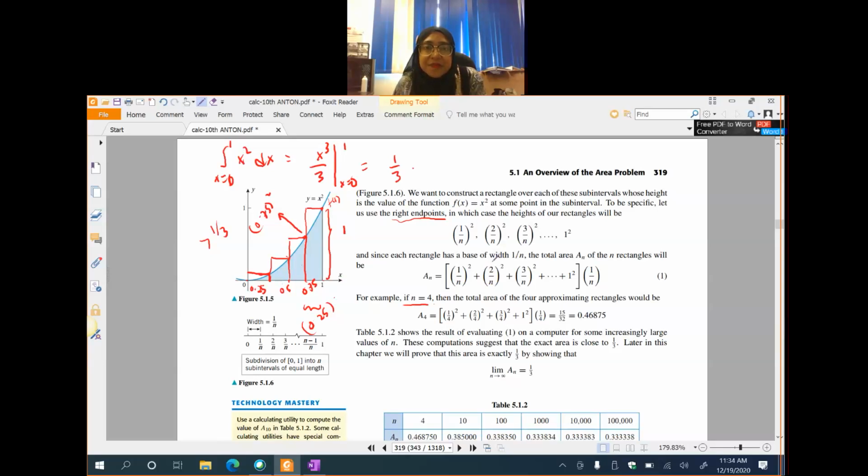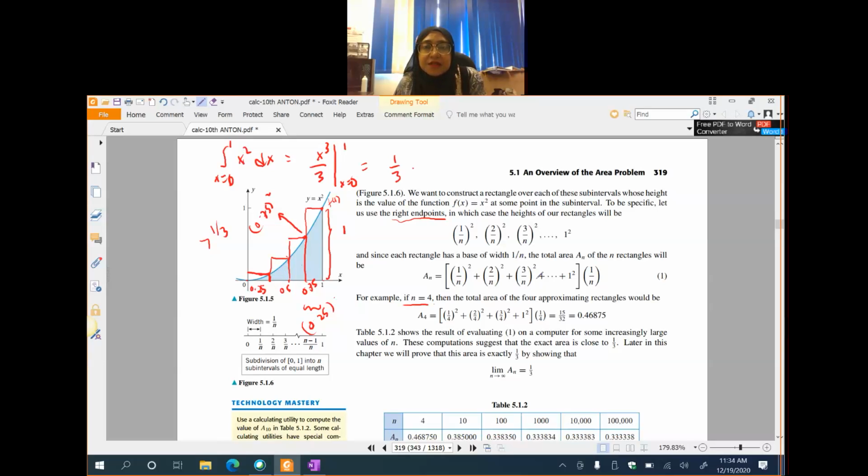And for this one, 2 divided by n squared, so this is for the second one. 2 divided by 4 gives you 1/2, so you will get 0.5 here. 0.5 squared represents the height of the second rectangle, for this rectangle here.